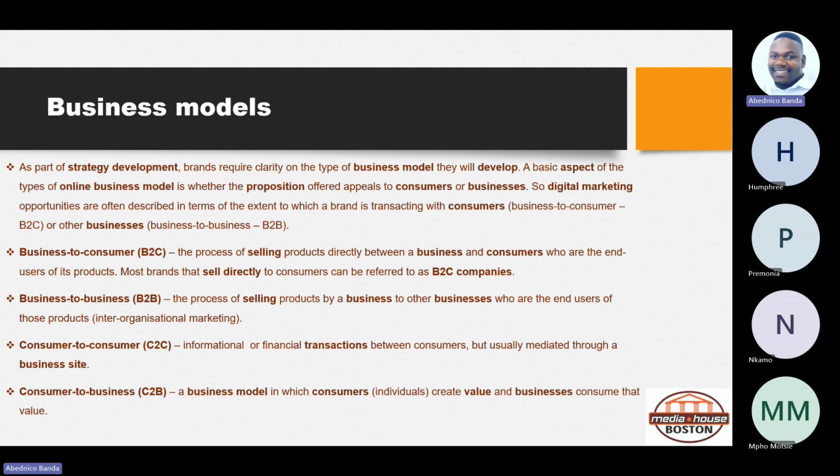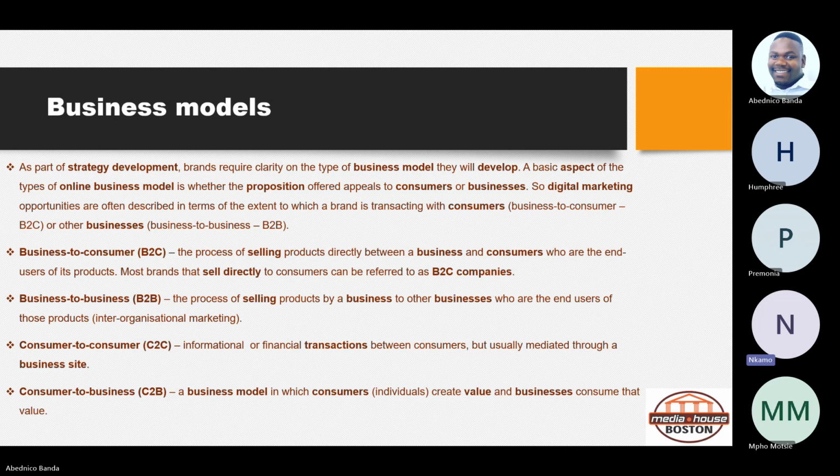Which one are those? Before the brands, industries like recycling industries: customers bring in the recycled material to the recycling company, so that's value for the business.